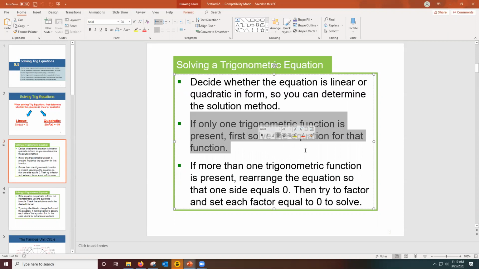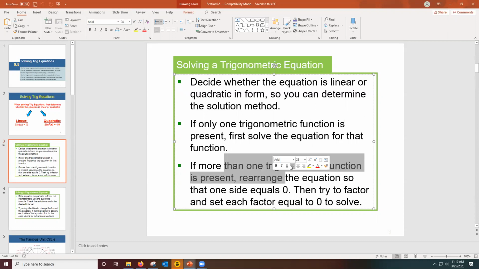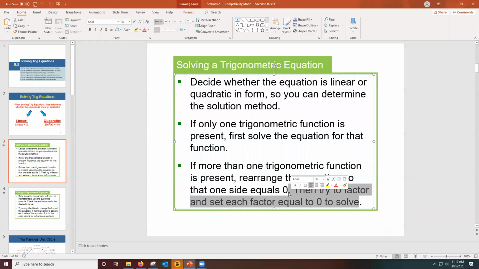So maybe the equation just has sine or cosine in it. We'll do some examples, and then we're just going to solve the equation for that function. But there might be more than one trig function in an equation. For example, maybe there's a sine and a tangent function. So for that, you're going to want to get the equation equal to 0 and then try to factor and do some solving.